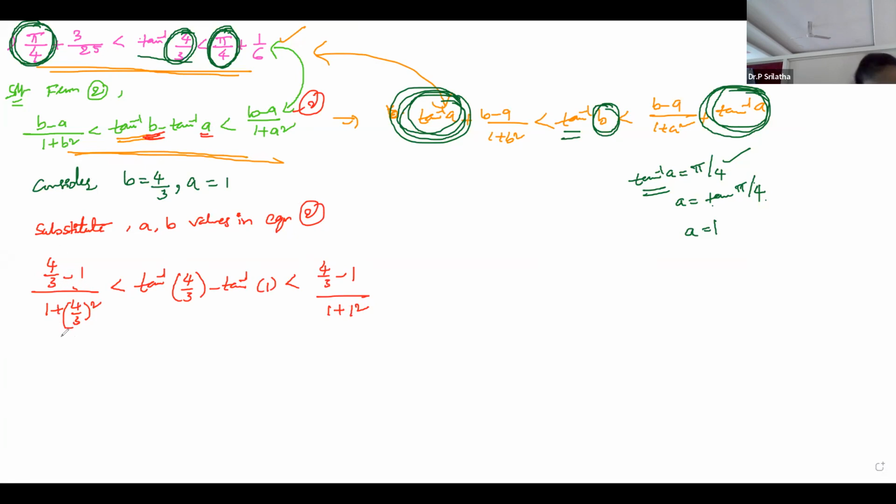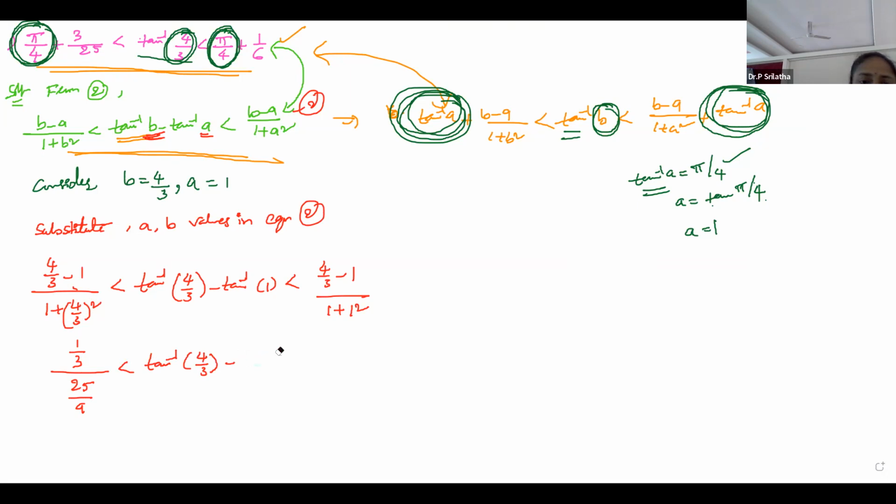So this is 4 by 3 minus 1, that is 1 by 3, na? 1 by 3 divided by 1 plus 16 by 9, that is 25 by 9, na? 25 by 9 is less than tan inverse 4 by 3 minus tan inverse 1.